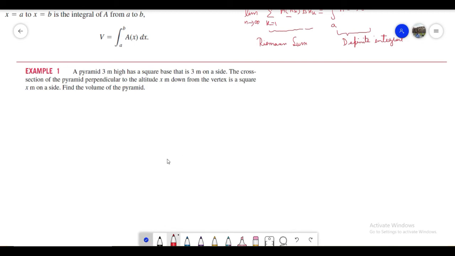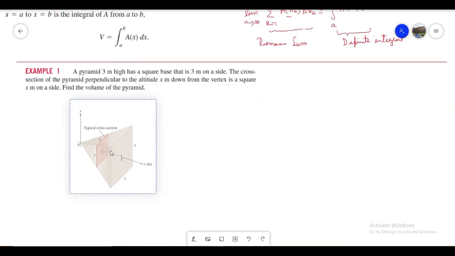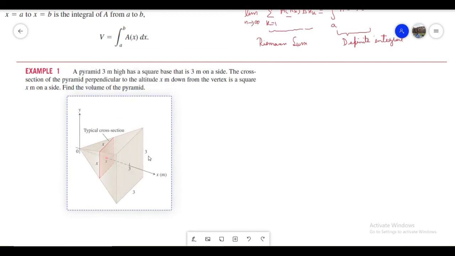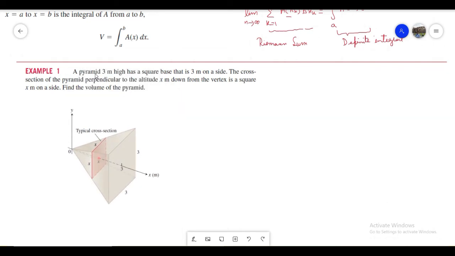So first, let us draw the figure. This figure is basically the main caricature of this example. The pyramid is 3 meters high, and the base is 3 meters on each side, starting from 0 to 3.